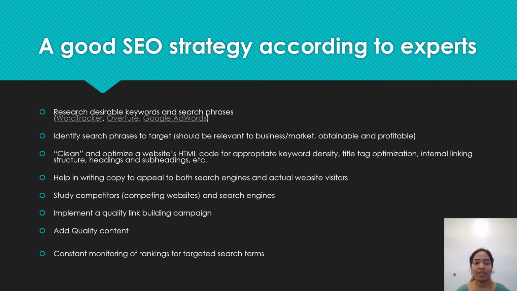And clean and optimize the website HTML code for appropriate keyword density. Whatever is in the website content, the title tag optimization, the internal linking, the headings, and subheadings all help in optimizing the website HTML code. So search engine optimization should deal with the website HTML code where the optimization needs to be done.